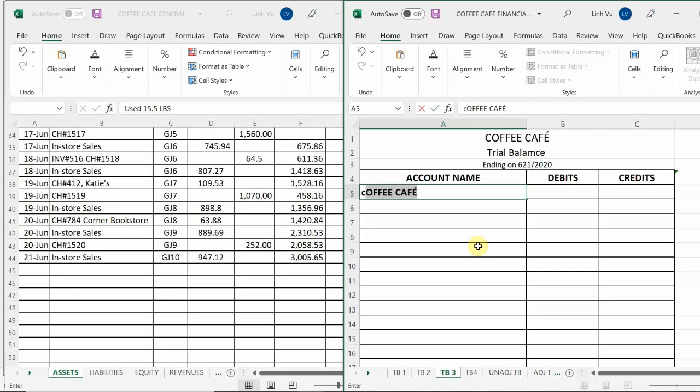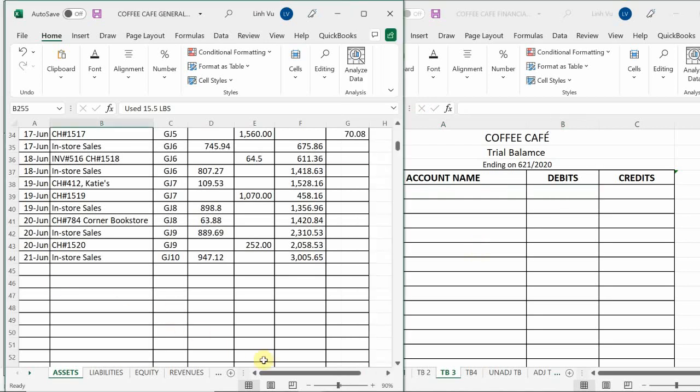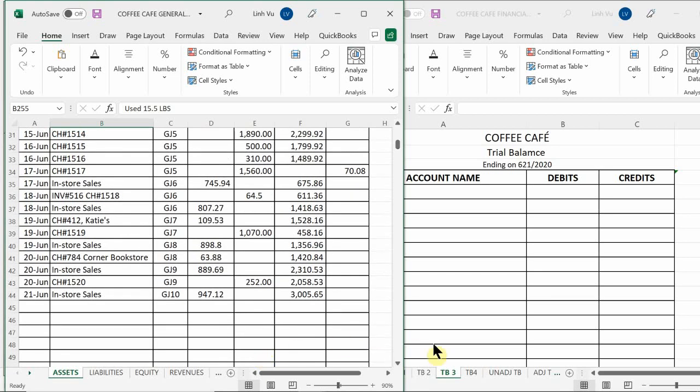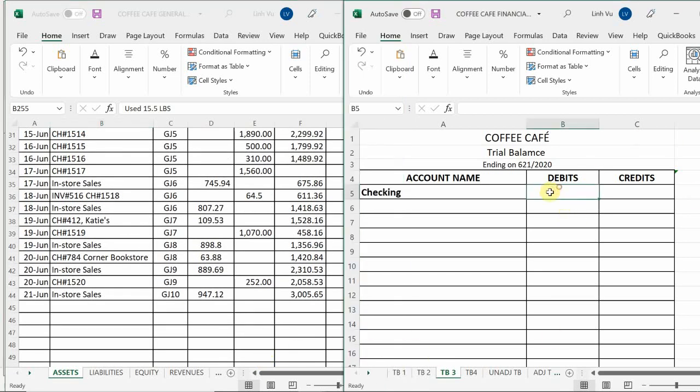So checking is my very first one. My checking has a debit amount of $3,565. Okay.